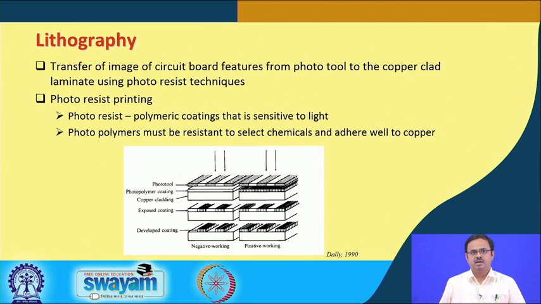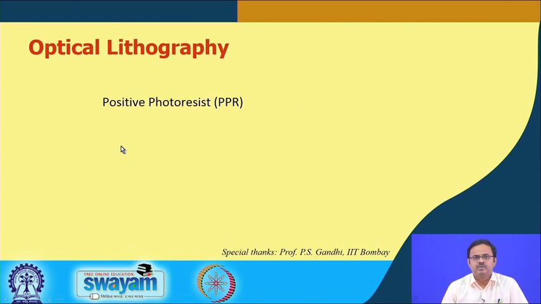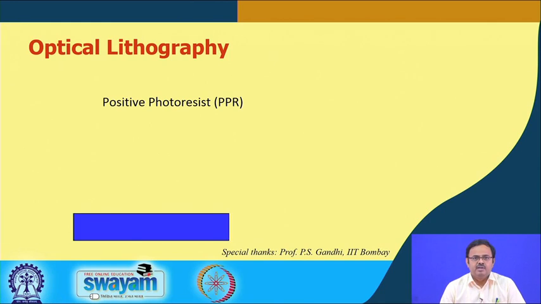All right. So, let us again have a recap of what we did before when we talked about optical photolithography. So, positive photoresist, this is my substrate, and then we have this photoresist layer.